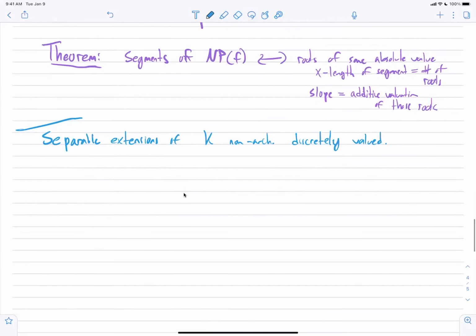And the big thing to keep in mind is just if k is equal to Qp, then any finite extension is separable. And that's the one that matters most for our applications later.